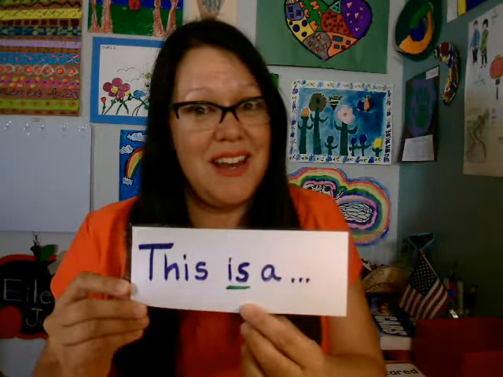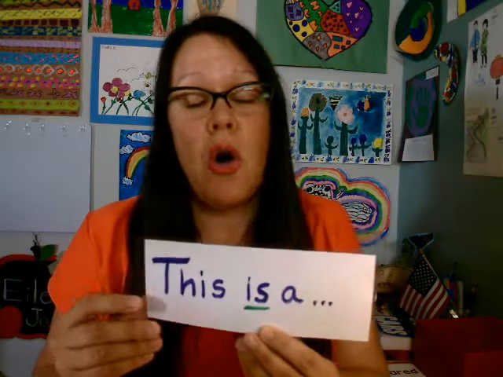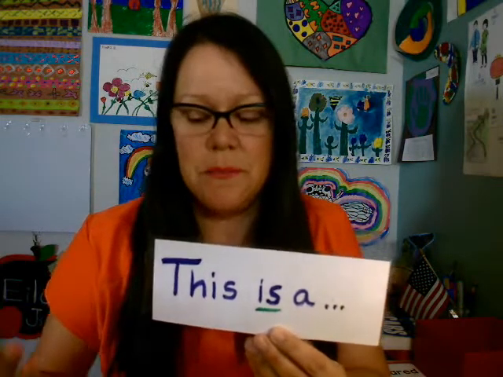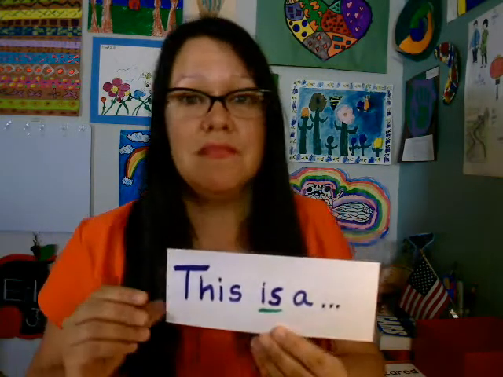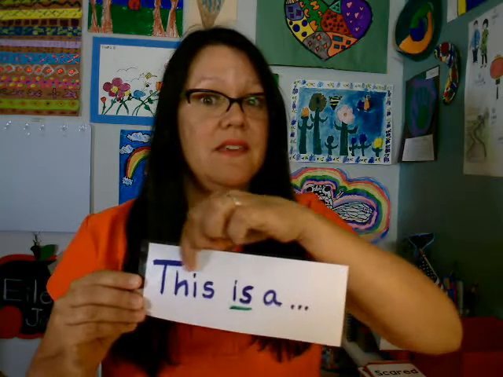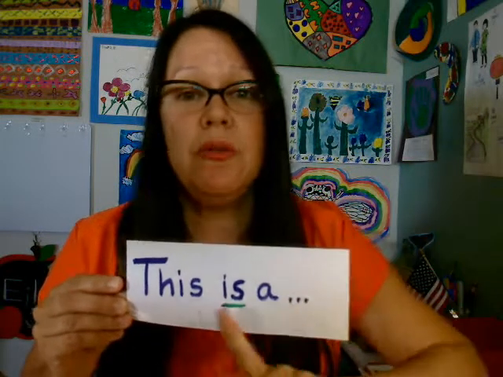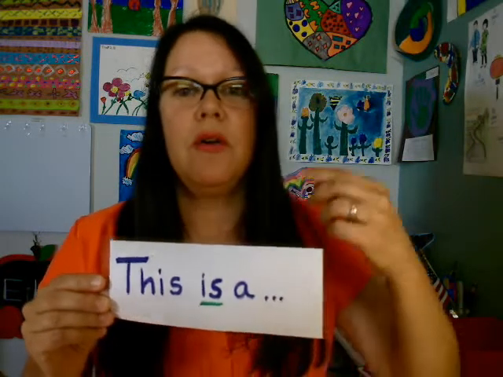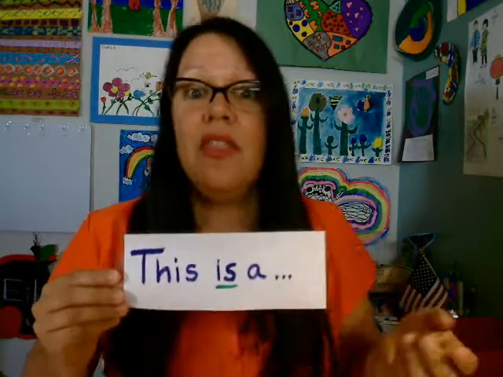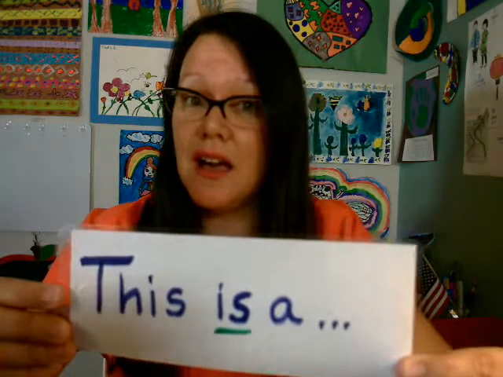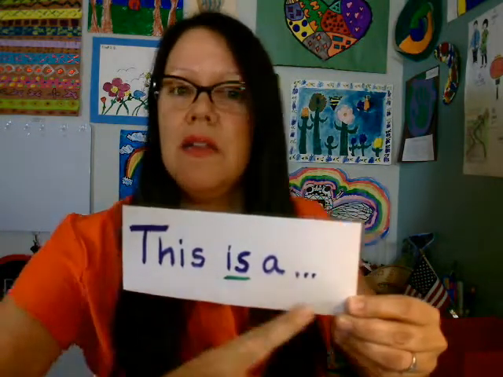So I underline is because is almost always emphasized, right? This is a cheetah, okay? This is a, so I will use this to prompt speaking or replying to my question. What is this? This is a, and then they fill in the blank, right?